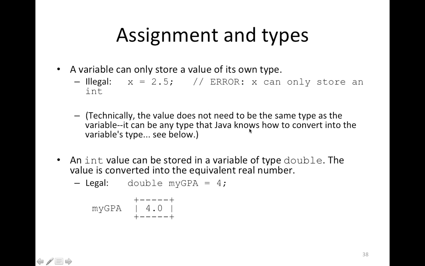It can be any type that Java knows how to convert it into. So here is the thing. Double, if you say 4, my GPA will have 4.0. Like if you're saying double, an int value can be stored in a double. It again depends on the hierarchy of it.